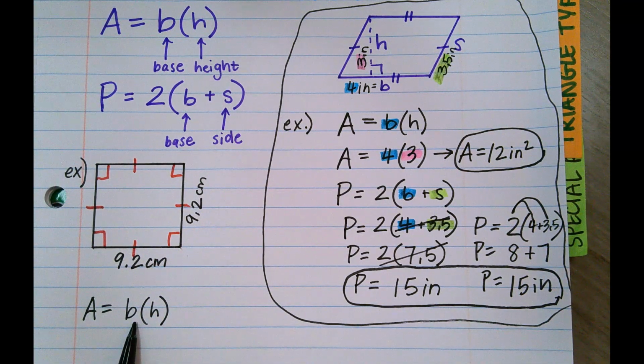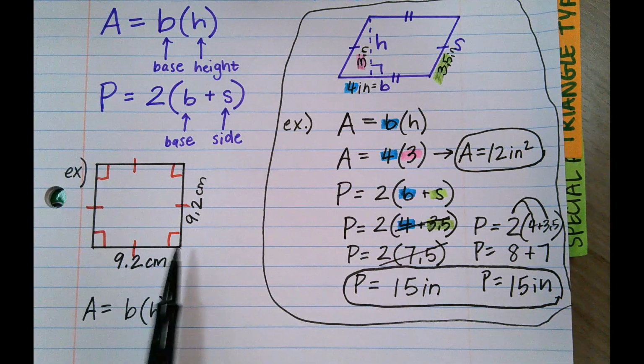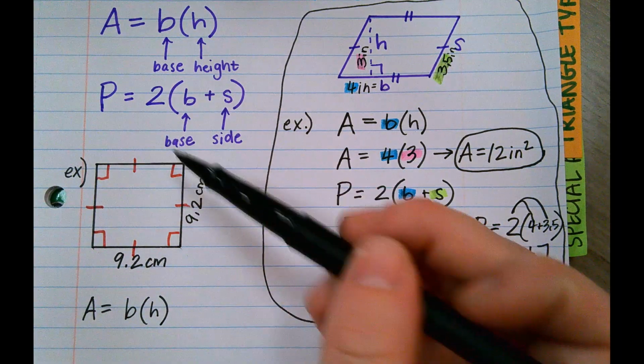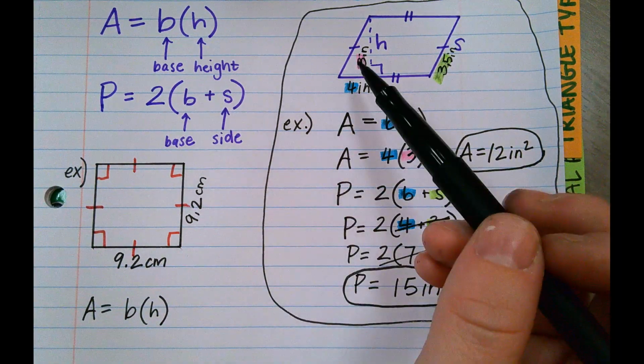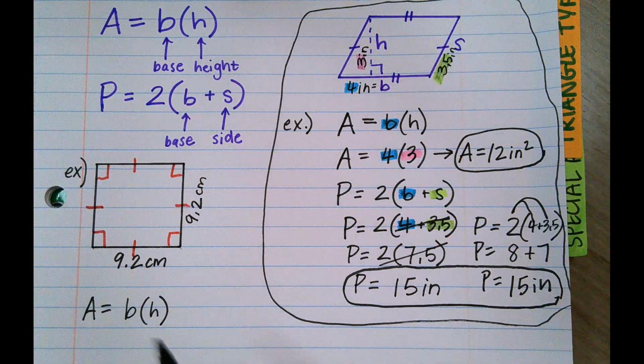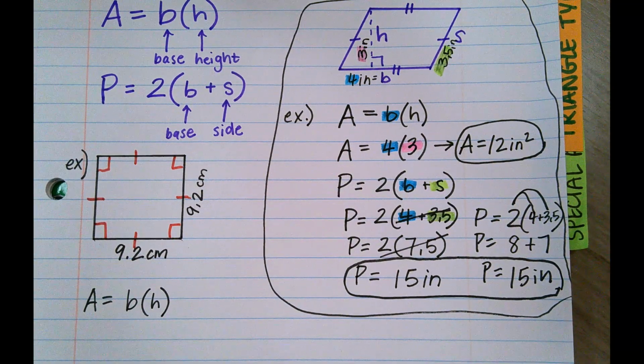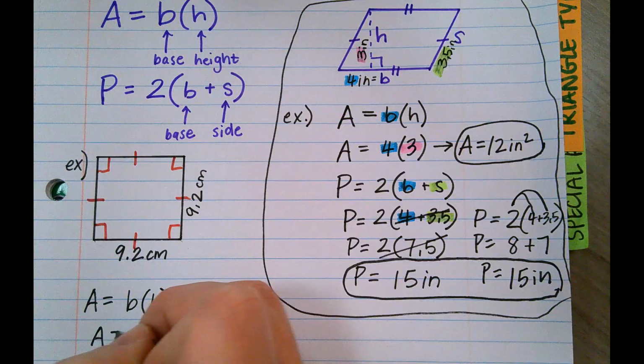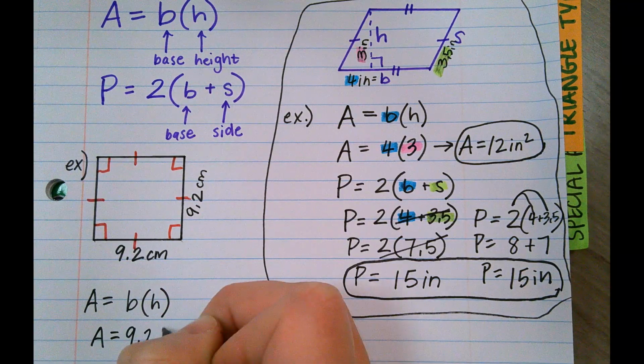So my base is 9.2. What's my height? It's also 9.2. A square is special because the side length measures at a 90-degree angle like the height needs to. So they're both 9.2.